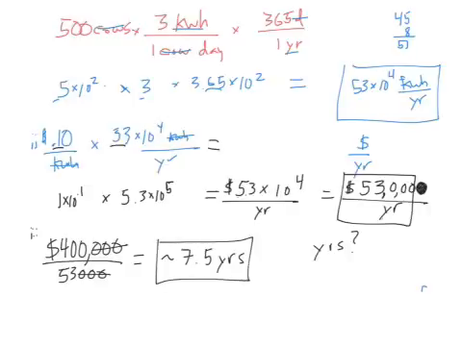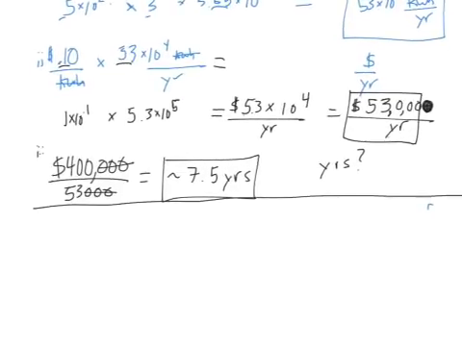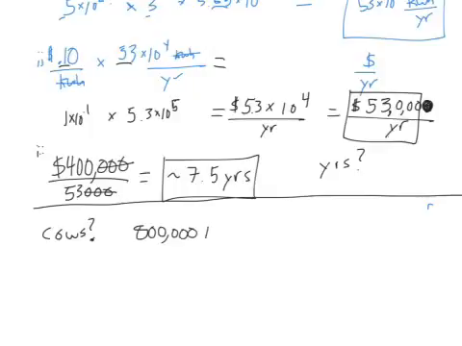Okay, now the final part, part C, asks us to figure out how many cows he needs. Okay, this is a tricky one, right? How many cows does he need to produce all the electricity he needs? And according to the problem, part C says that they need 800,000 kilowatt hours per year.